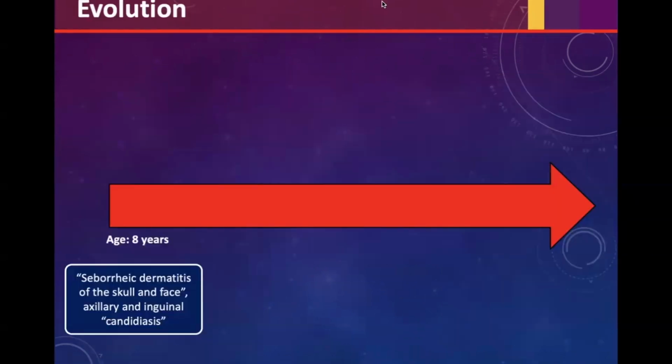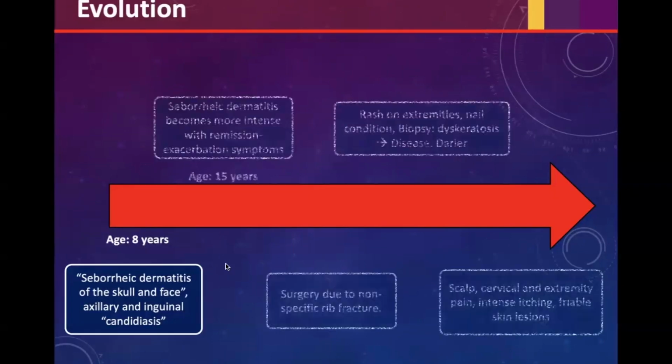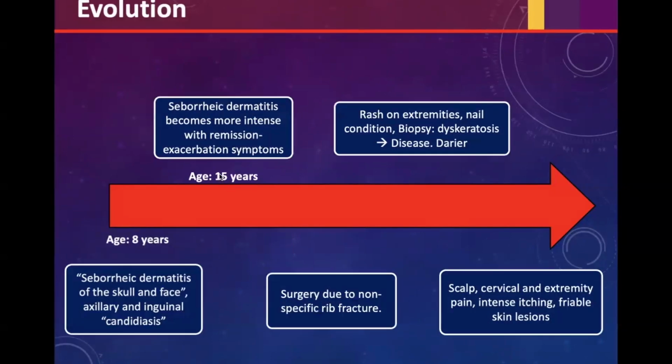Here we can see this timeline, the most important clinical manifestations that the patient tells us during the interrogation until the day that he visited us. At 8 years old, the patient has seborrheic dermatitis of the scalp, face, axillary, and inguinal candidosis. Then at 15 years old, seborrheic dermatitis became more intense with remission and exacerbation symptoms.